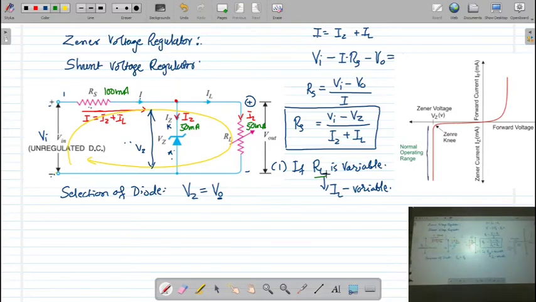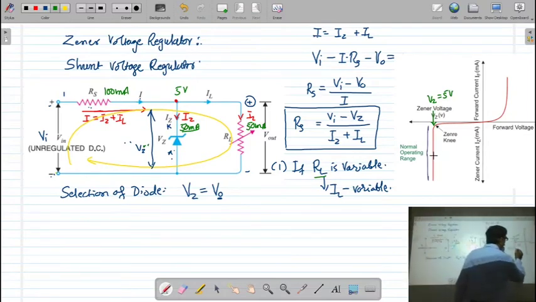when this load current is 50 milliampere, what is the voltage across the Zener? Suppose my Zener voltage is 5 volt, and I am taking this characteristic where Vz is equal to 5 volt. Correct? At this moment, how much current is passing through the Zener? It is 50 milliampere.